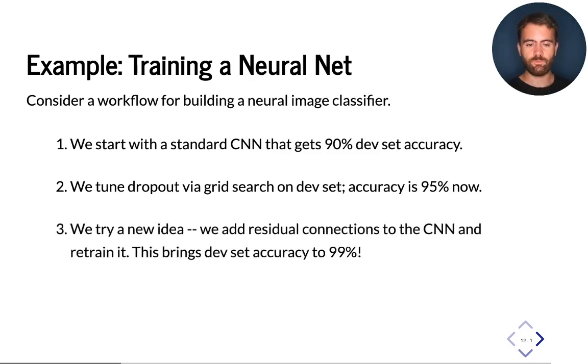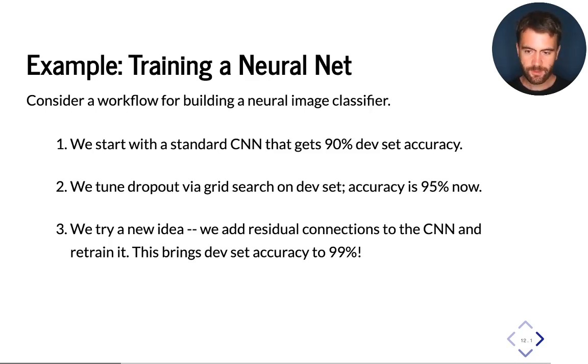And then we may even try a completely new idea. We can try some new architectural element, such as adding residual connections inside the network. Now we're changing the architecture, and suppose that we do that, and we have an even greater increase in performance on our development set. So we retrained the new architecture on the training set, evaluated on the development set, and now we have 99% performance, which is even better.